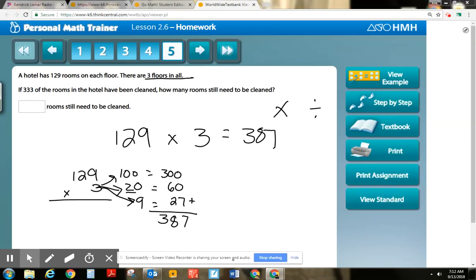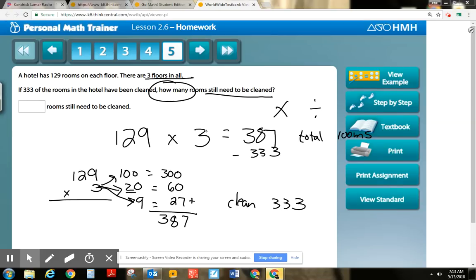So now let's take a look at the rest of the problem. If 333 of the rooms in the hotel have been cleaned, so clean 333, how many rooms still need to be cleaned? Okay, well I have 387 total rooms. 333 have been cleaned. How many more need to be cleaned? Well, it's a subtraction. How many?